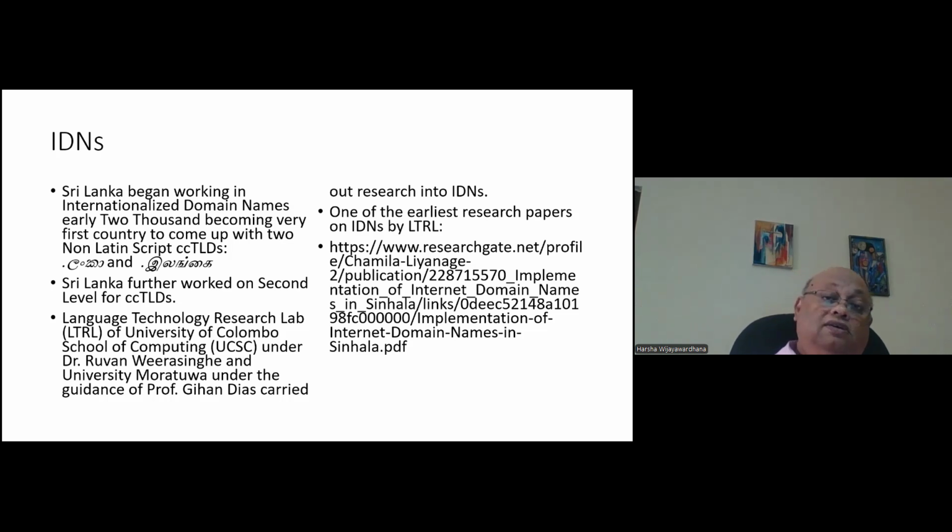I was also part of this lab, the language technology research lab, and when Dr. Van became the director of the UCSC, I became the deputy coordinator of the LTRL.